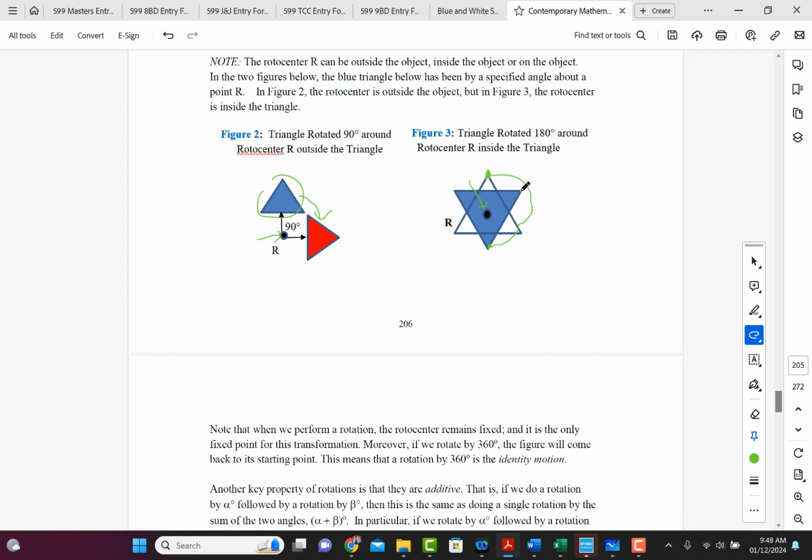So this point here rotates to this point here. Or excuse me, sorry, I did the wrong point. This point. So this point here rotates to here, and this point here rotates to here.